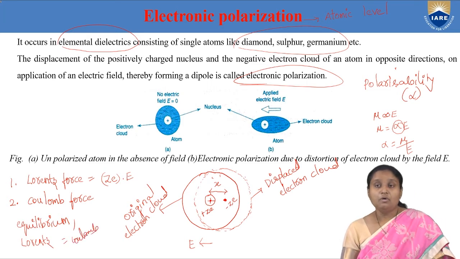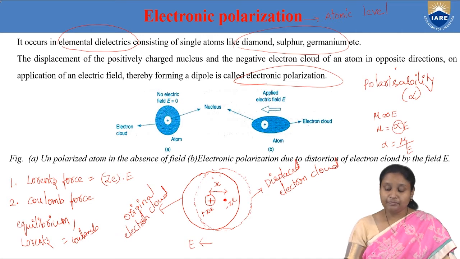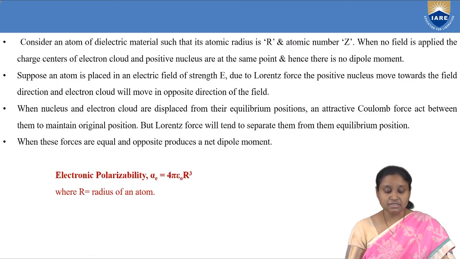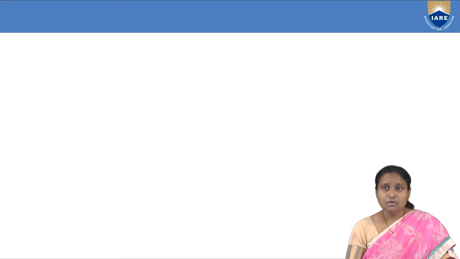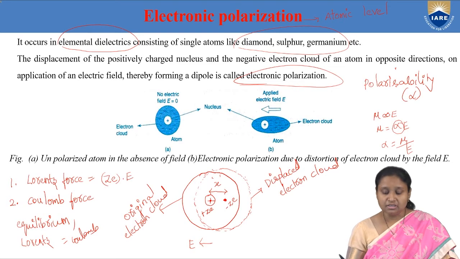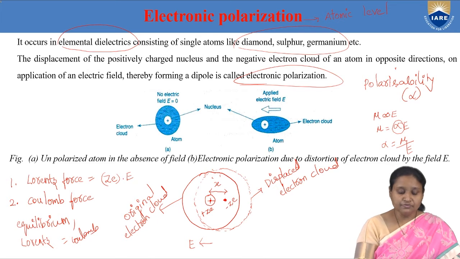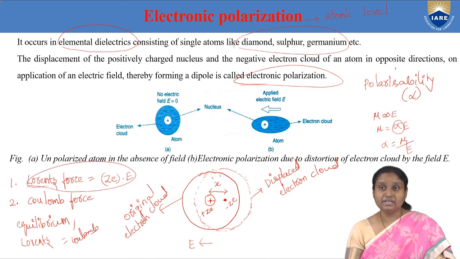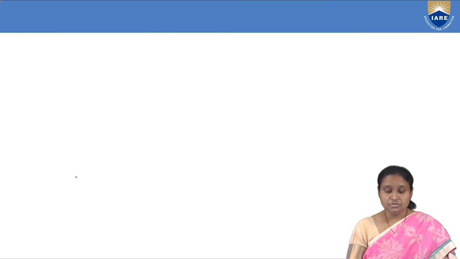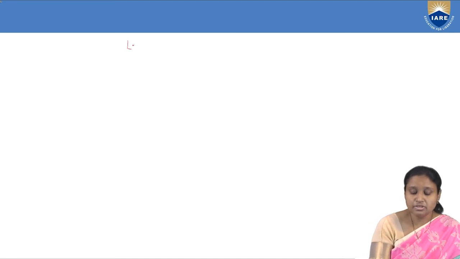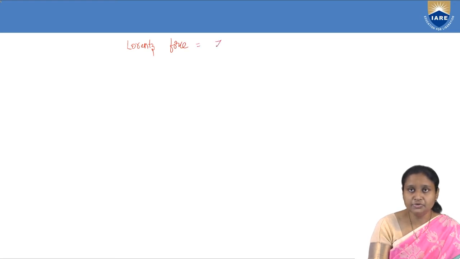Now, in order to find this, of course, as I told you, there are two forces. If we go back to this figure, first I know the expression for the Lorentz force. We know that the Lorentz force is generally given as the magnitude of charge into the strength of the electric field applied.